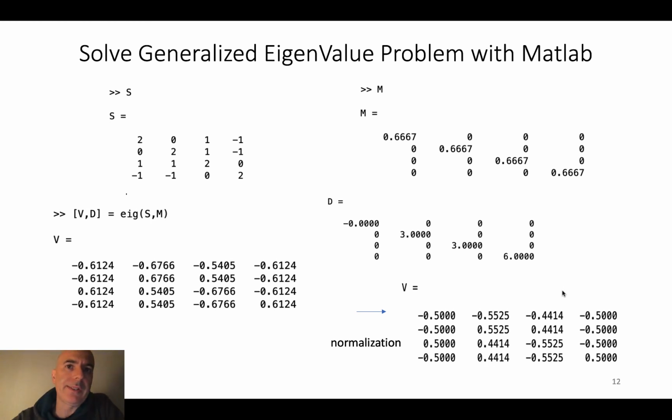So in your assignment, we will ask you to do the same procedure. We provide a code to calculate the matrix S and M. Then you will need to use the generalized eigenvalue solver in MATLAB to derive the eigenvalues and the corresponding eigenvectors, and then you're going to normalize, and as a final step you're going to plot the values of these eigenvectors.